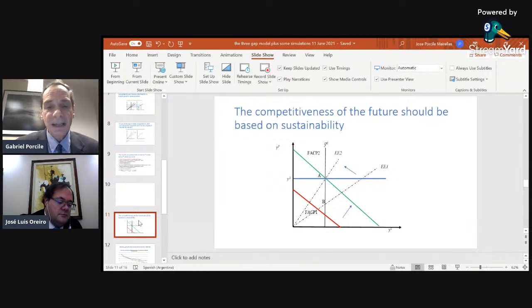But also there is a technological component in this curve.